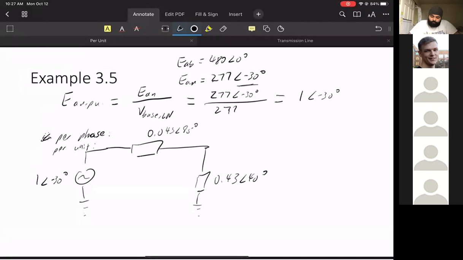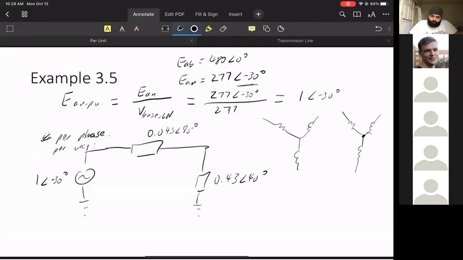Let's think about what current means in this Y-Y connection. What is the total current for a balanced Y connection? What is the total current if I sum to this point? 0, right?